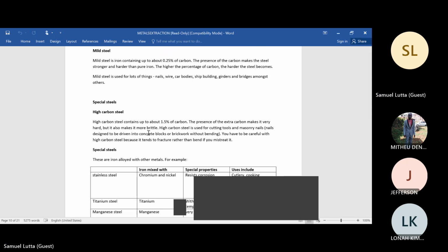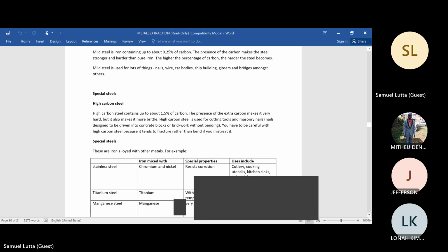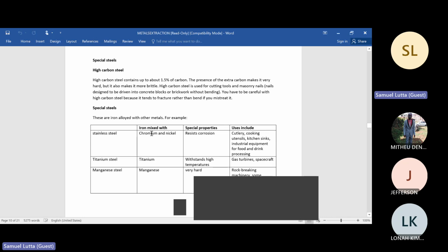We have different types of iron. You can still mix iron with other metals like chromium and nickel, and get materials which are special resistance, for cookery, cutlery, and utensils. It can also be mixed with titanium to form materials which can withstand high temperature, like gas turbines and spacecraft.